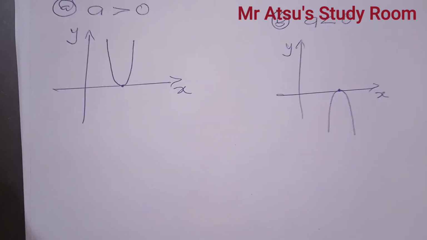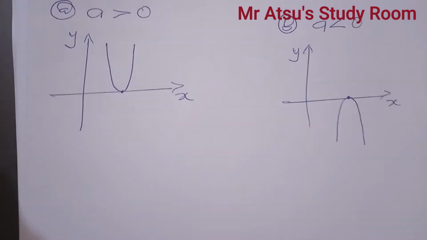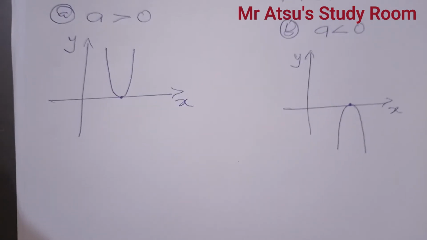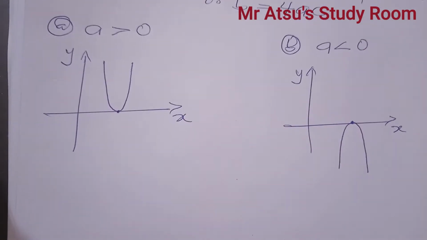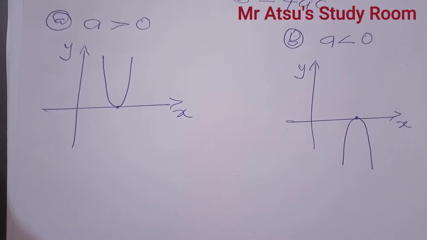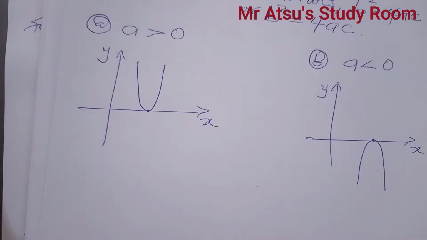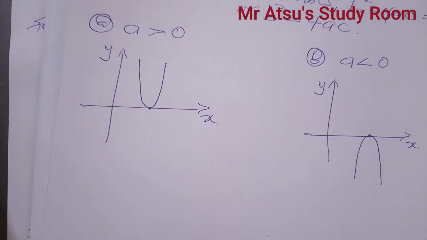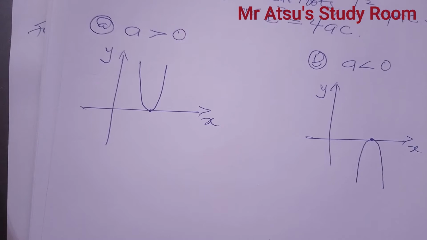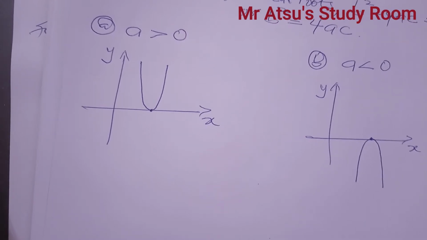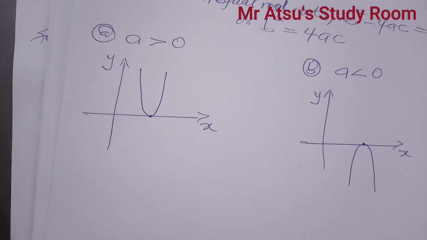With all equations that have repeated roots, when you sketch the graph, the curve will only touch the x-axis. It will not cut it twice. Practically, when you use the calculator to solve, there will be only one answer.